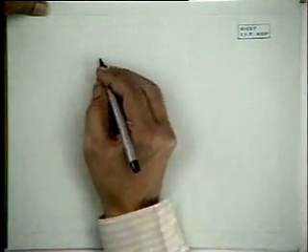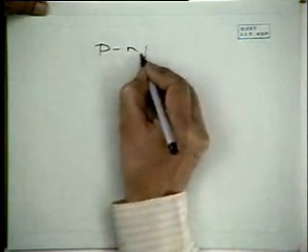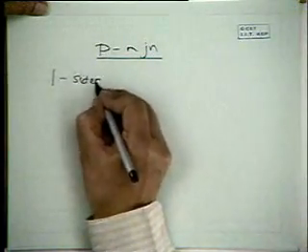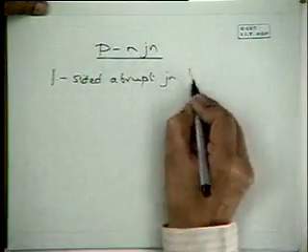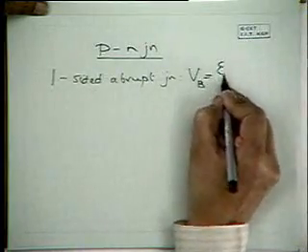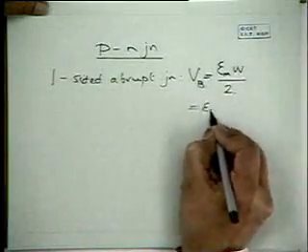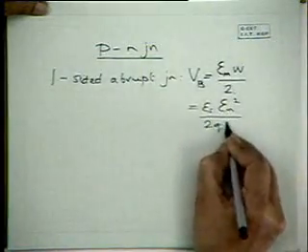Now, as I said, the diode is actually biased slightly less than the breakdown voltage, and we know from considerations of a PN junction that for a one-sided abrupt junction, VB is E maximum W by 2, and this is equal to epsilon S EM squared by twice Q NB.